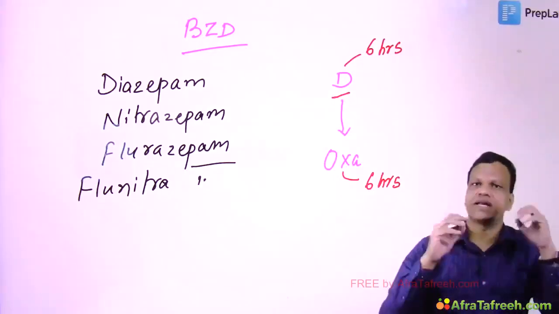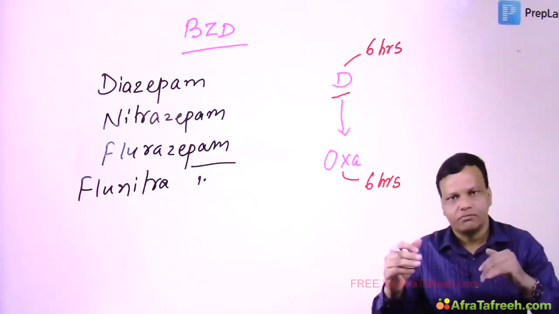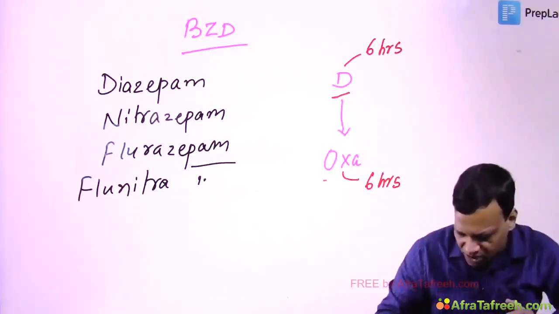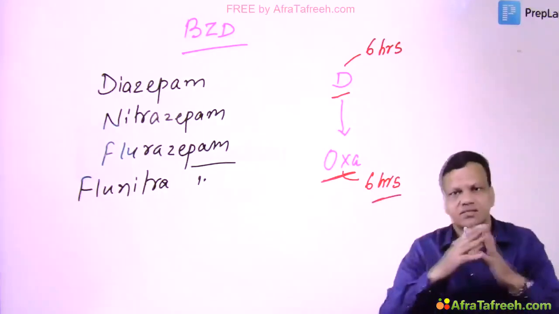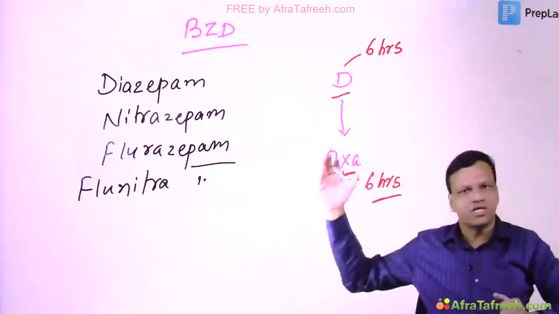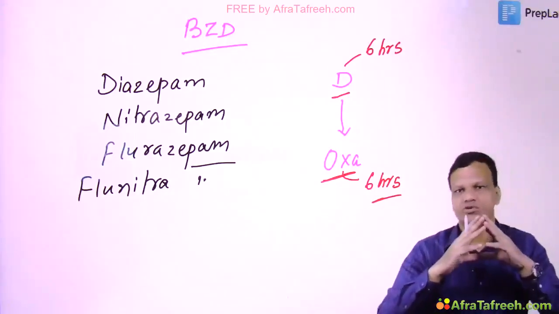So the person will take diazepam at night and wake up in the morning. But this does not happen, because after some time oxazepam will be produced. It will keep on depressing the brain for another 6 hours. So that means the person will not wake up in the morning. The person will keep on sleeping till afternoon. Okay? So that is the problem with most of the benzodiazepines.